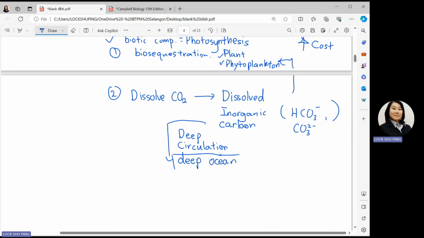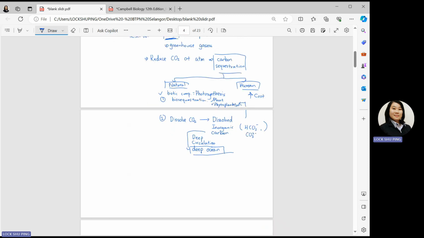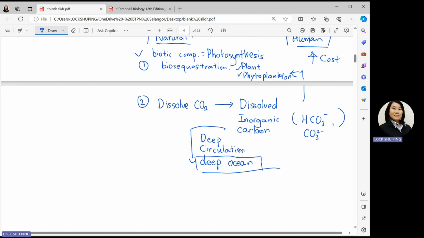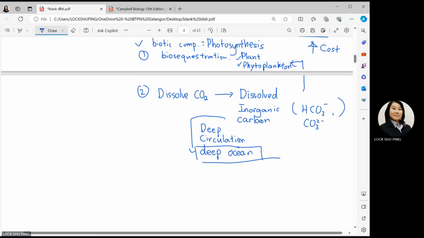They sink into the deep ocean and become part of the sinking sediments found on the surface of the deep ocean. This is another method of removing carbon dioxide from the atmosphere into the ocean, and this one actually takes out a larger portion of the carbon dioxide from the atmosphere as well.